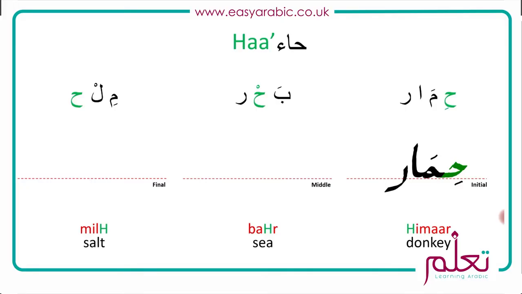Himar. Next we have Bahr, which is the sea. With the letter Ba. Then we have the Ha. Then we have the Ra. Bahr.